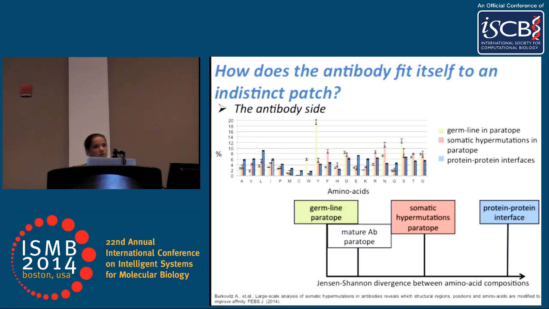And thus also the mature antibody, which is basically the combination of the germline antibody and the somatic hypermutations, is more similar to the protein-protein interface than the original germline antibody. Or we can say in other words that the antibody evolves during affinity maturation to be more similar to a protein-protein interface and to bind specifically to its epitope.